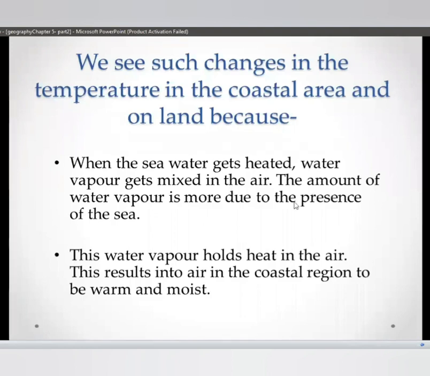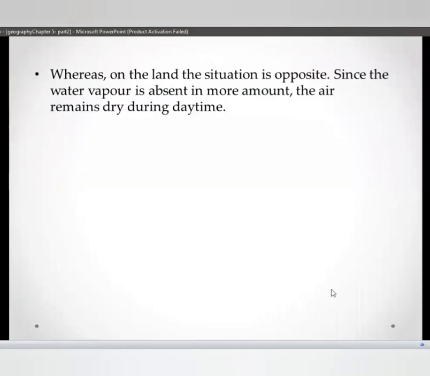वो जो एयर है ना, सी का एयर, उसका एयर वार्म रहता है. व्हाई? बिकॉज वो एयर में जो वाटर वेपर है, वो वाटर वेपर हॉट हो जाते हैं, वार्म हो जाते हैं. उसकी वजह से एयर also gets warm. Whereas on the land, the situation is opposite.